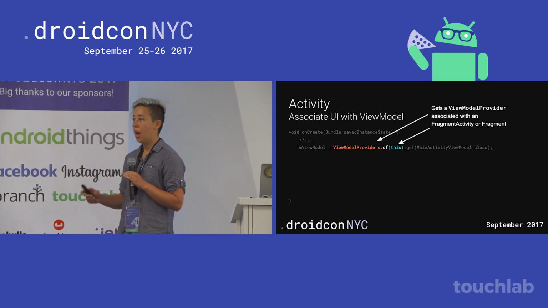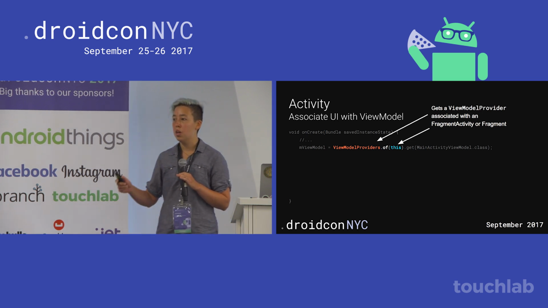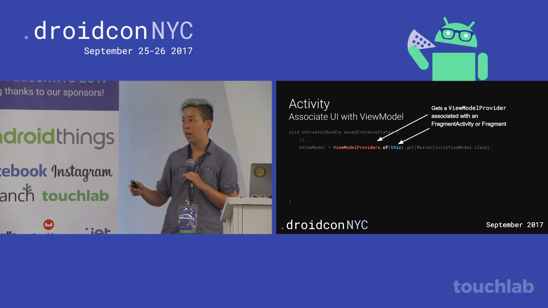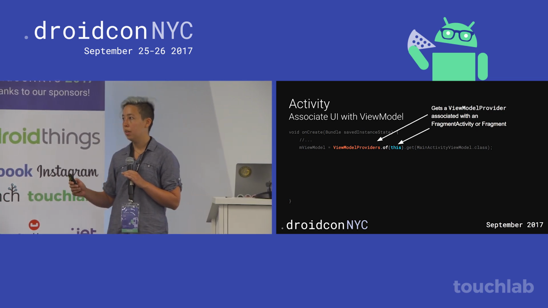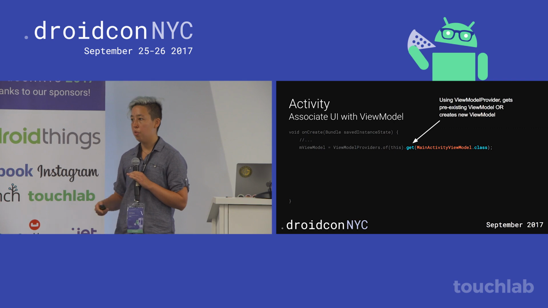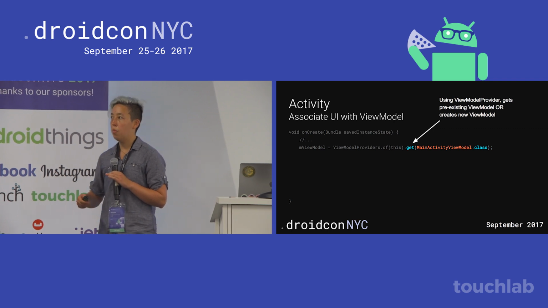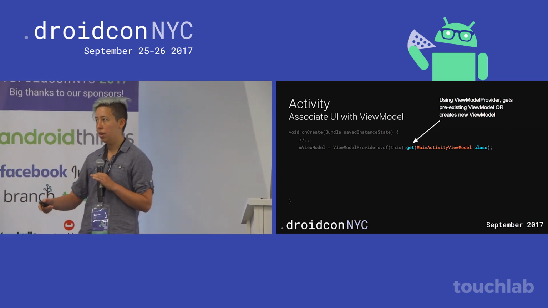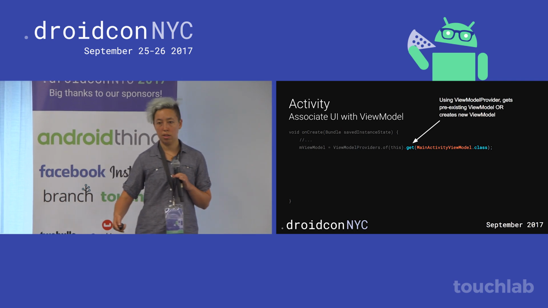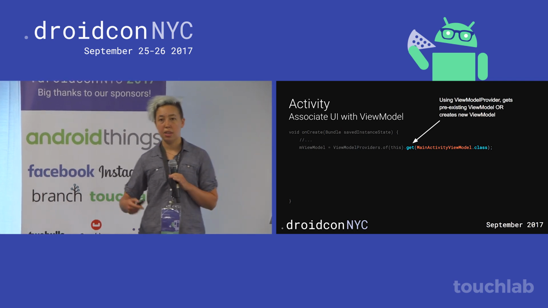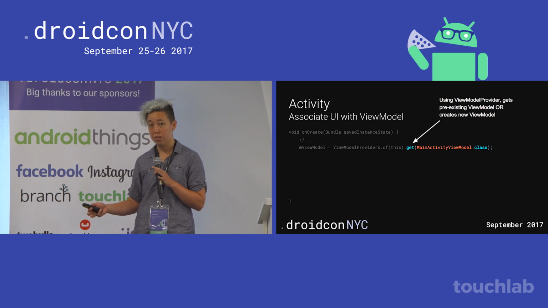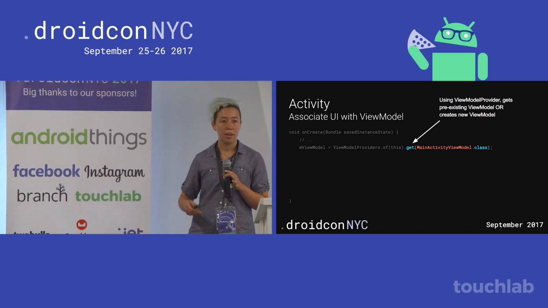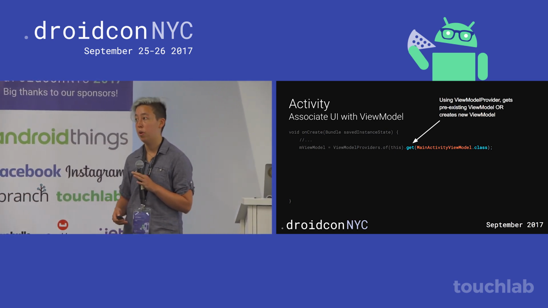And that ViewModel provider is going to know about all the specific activity instances and fragment instances that have ViewModels. And then using that ViewModel provider class, we will use this get method, pass in our ViewModel class, and that is the thing that returns to us either the pre-existing ViewModel if it already existed, or it will go ahead and call our constructor for us and create a new ViewModel for us.